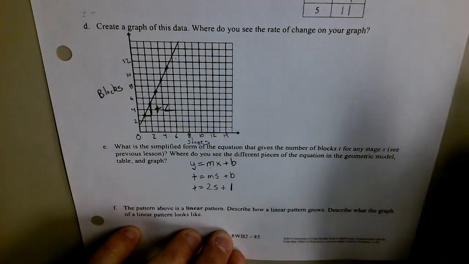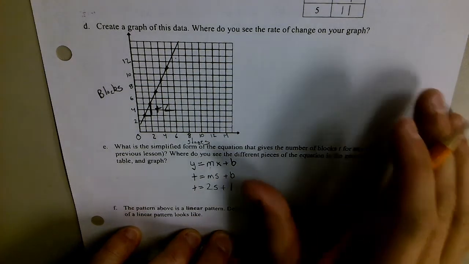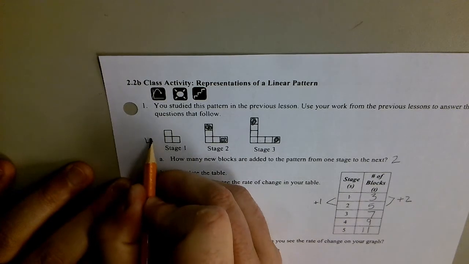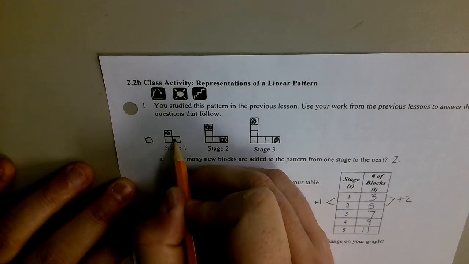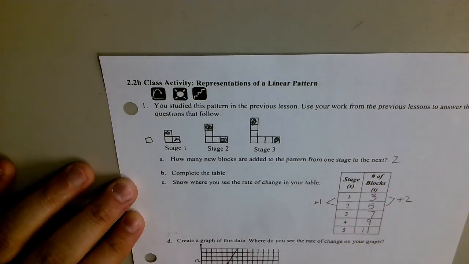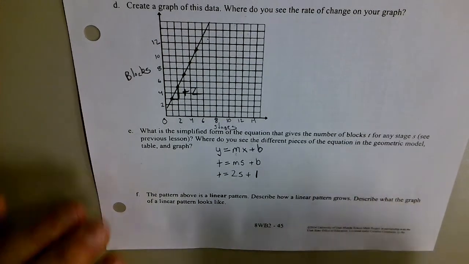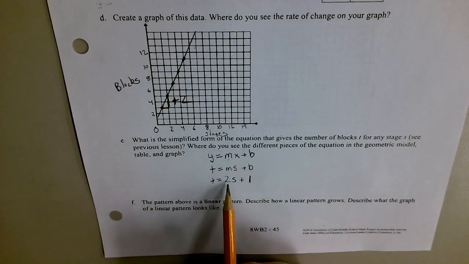So if we think back, before stage 1, we would have just had 1 block, and then we would have added these 2 on. So we just have that block. So we're adding 2 every time.